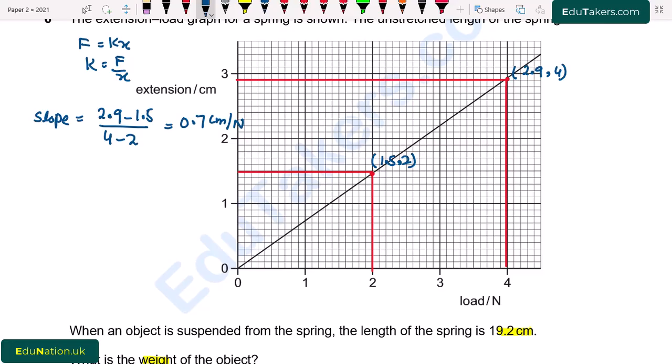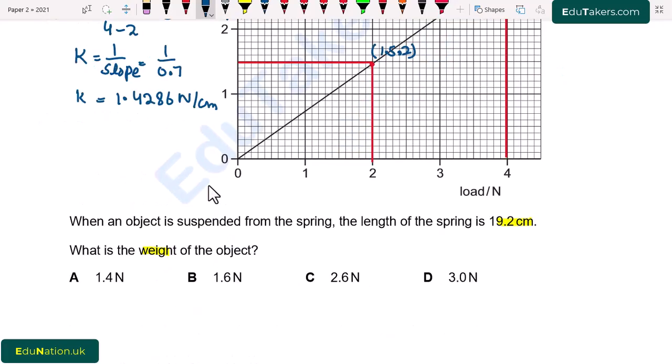So I take the reciprocal of this slope to get the spring constant. So K will be equal to 1 over slope, that is 1 over 0.7. So the value of K will be equal to 1.4286 and the unit is Newton per centimeter.